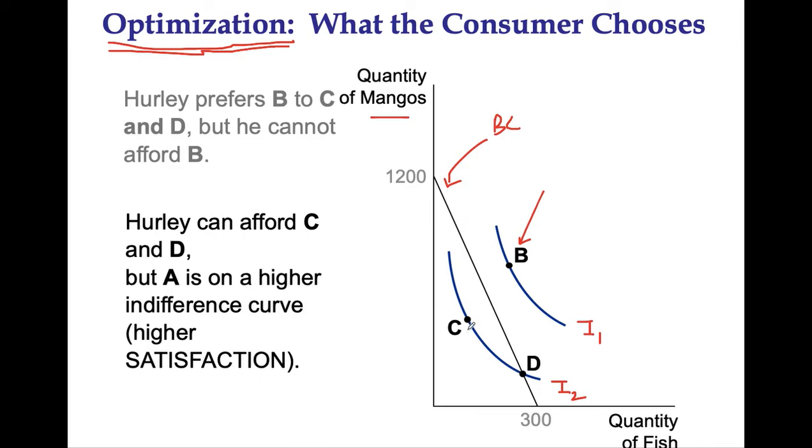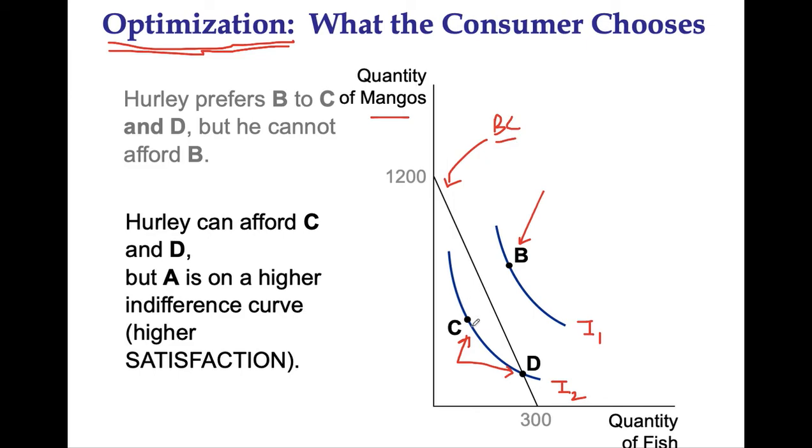Let's see the combination of goods C. The consumer can afford the combinations of goods C and D. Why? Because their indifference curve is on the left side of the budget constraint.